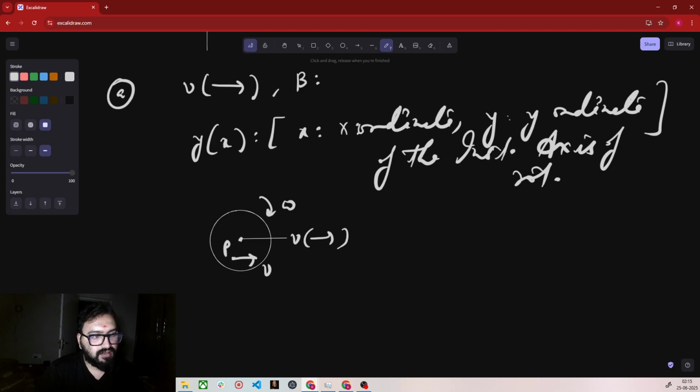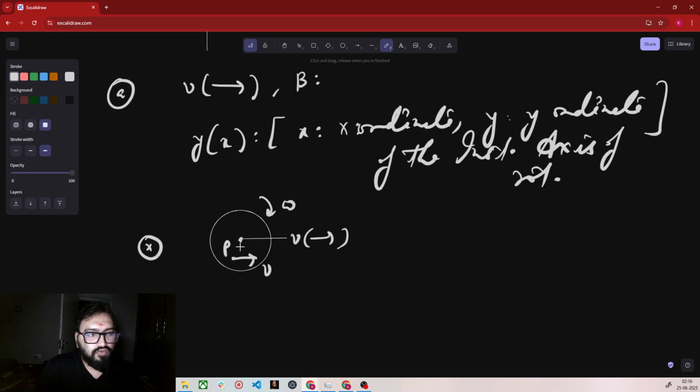Now omega is also a vector quantity. Angular velocity has a direction which can be defined by the right hand thumb rule. Since the body is rotating in a clockwise direction, the angular velocity will have a direction which will be inside the plane.